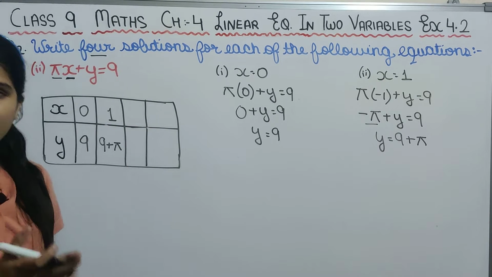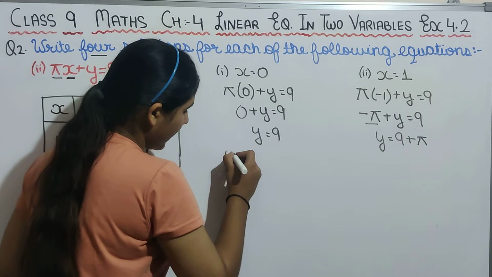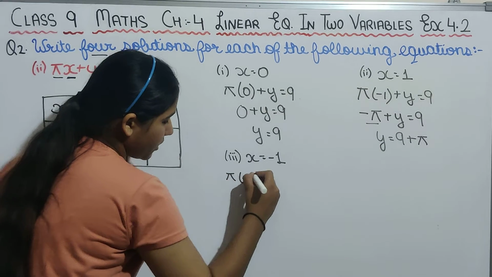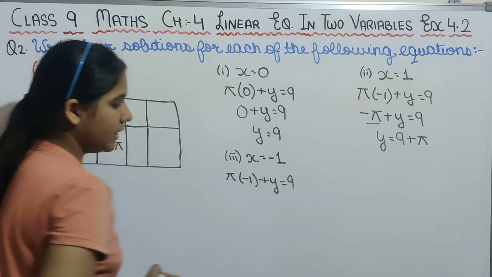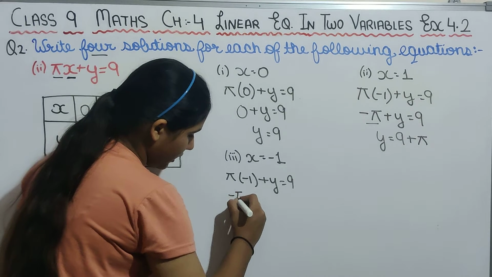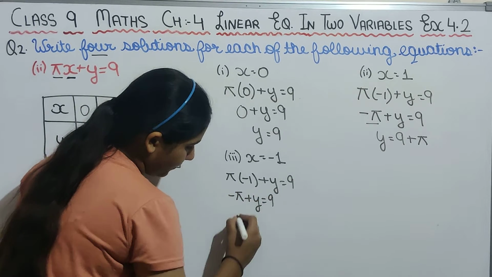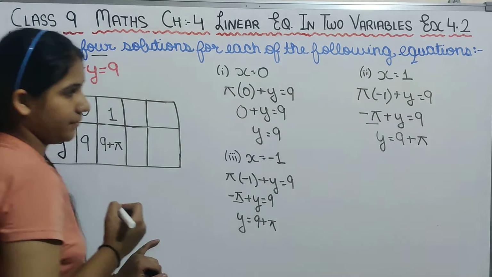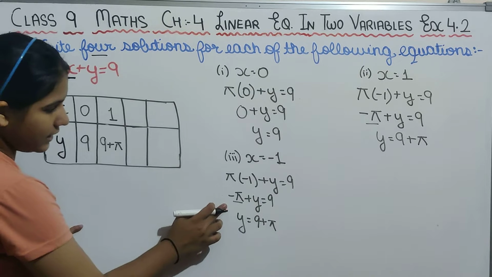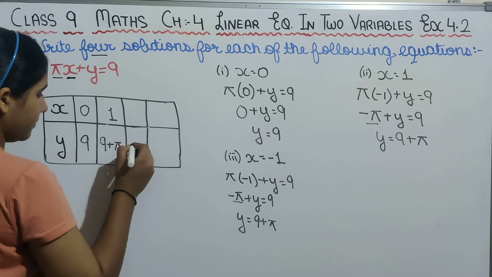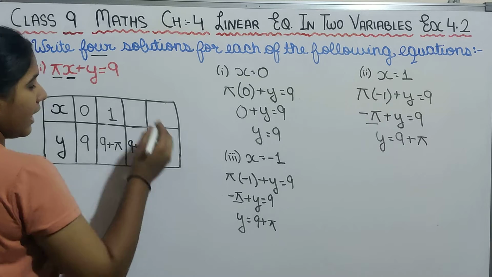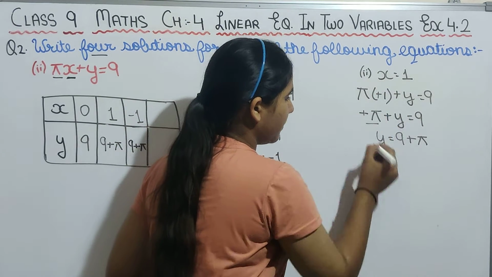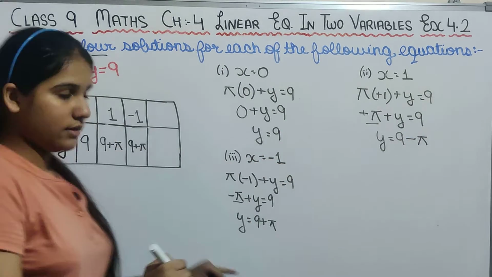Let's take x is equal to minus 1. Pi into minus 1 is minus pi, plus y is equal to 9. So y is 9, and minus pi becomes plus pi. So y will be 9 plus pi.